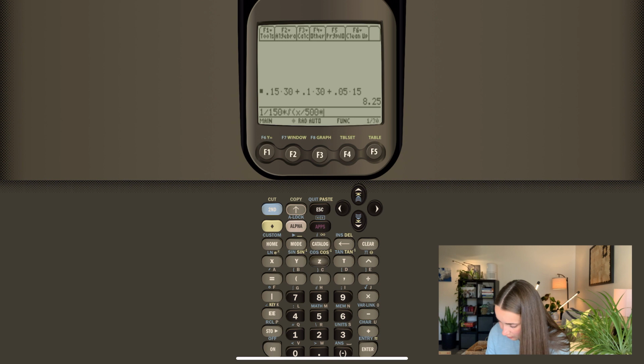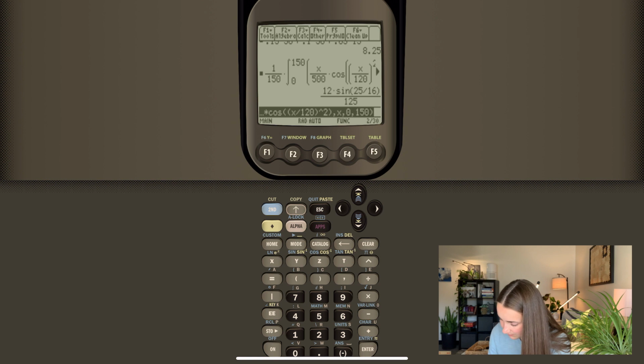We're going to multiply by cosine, and then here we're going to plug in x divided by 120, and then that is all going to be squared. So raised to the power of 2. And then here what we do is comma our variable of integration, so that's going to be x, comma our lower bound, comma our upper bound. And then here we click enter.